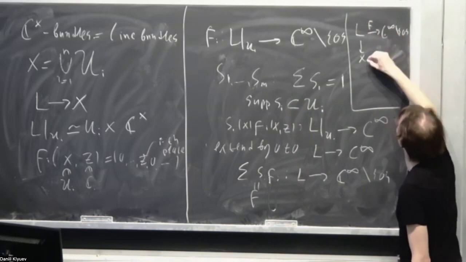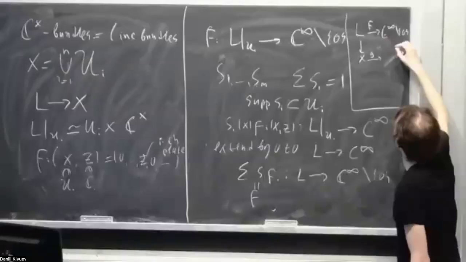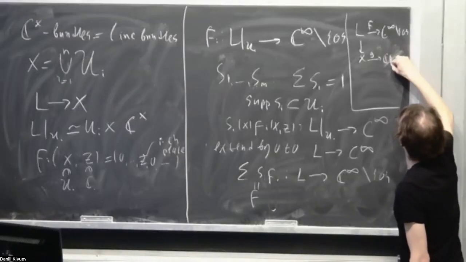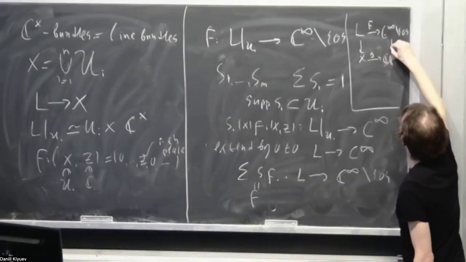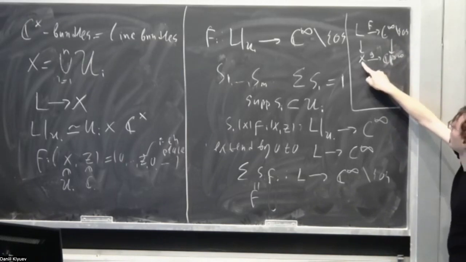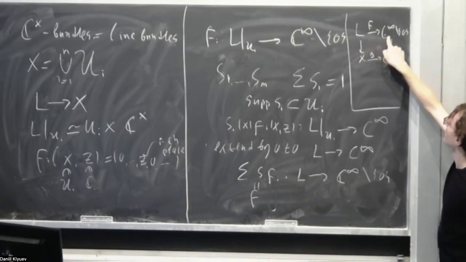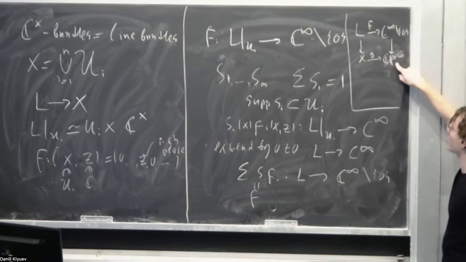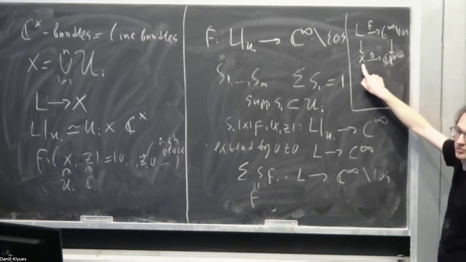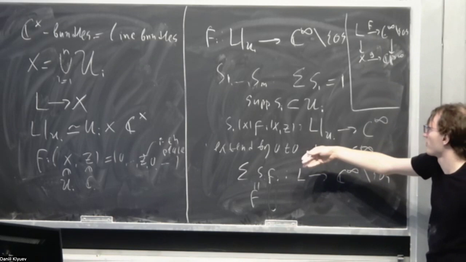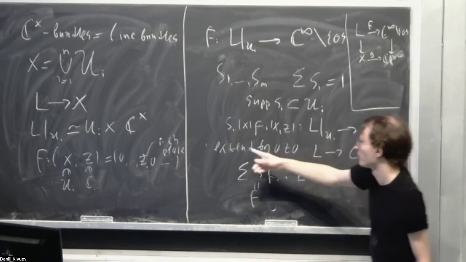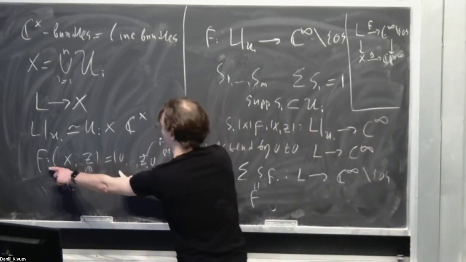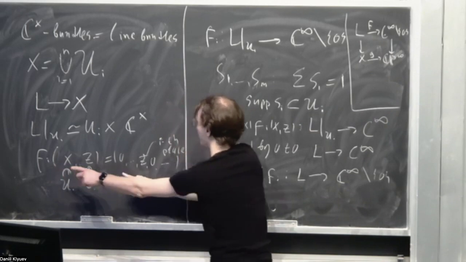So this is F. So I can find a map G that fits. Just take a point, take any representative, send here, send back here. It does not depend on the representative because F is C star equivariant, because these F_i's are C star equivariant.